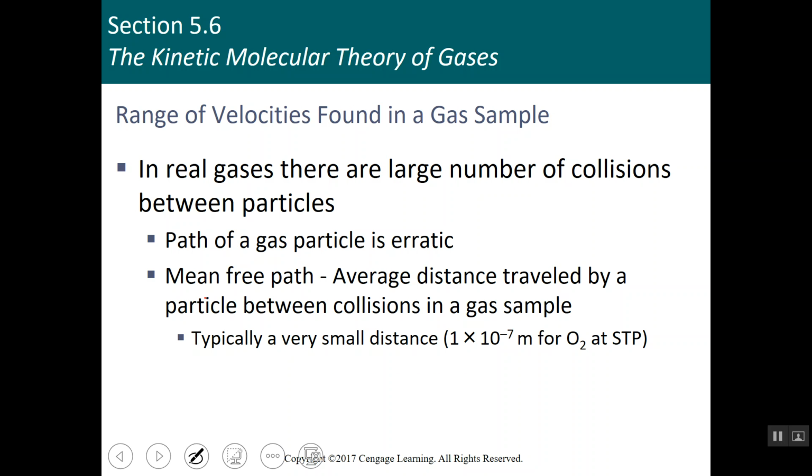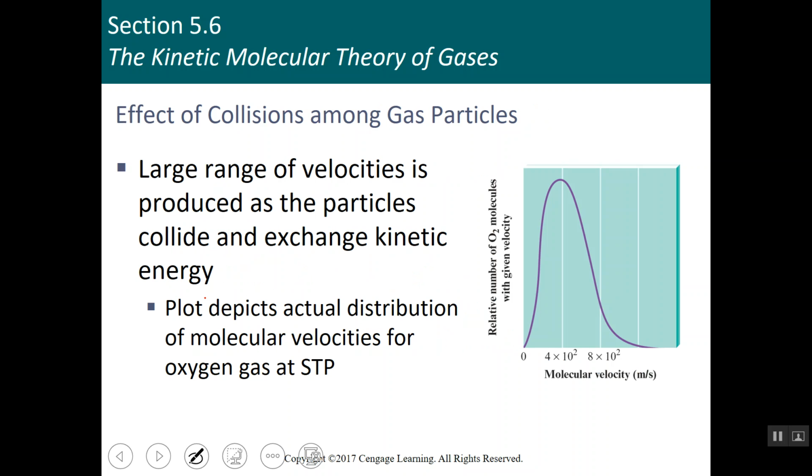So when we have gases in a gas sample, we cannot tell you which direction the gas is going to go. The path of that gas particle is very erratic. And so usually gases cover very small distances before they collide with something. The molecular velocity depends upon how many gas particles you have in the container.